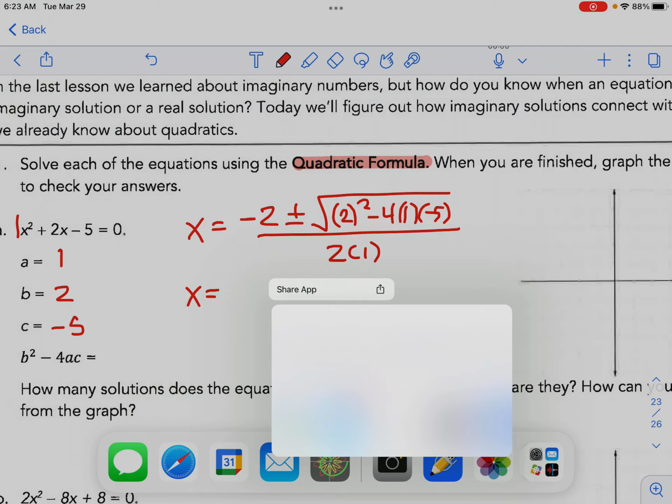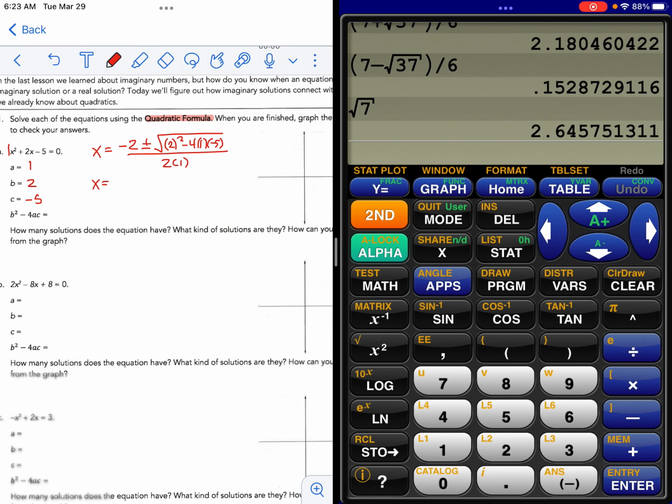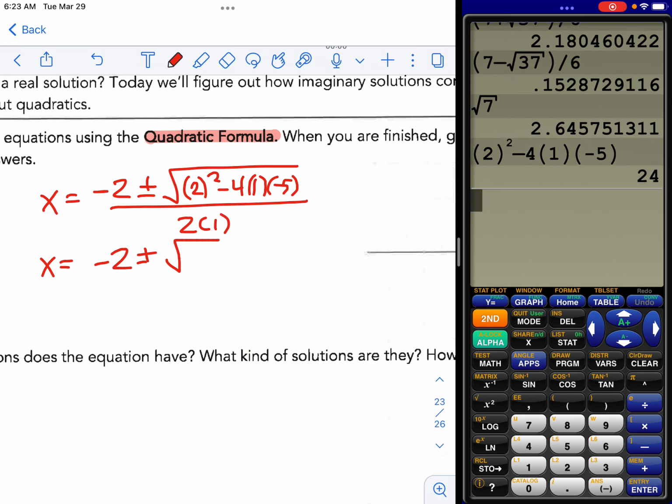Setting that up and then calculating the solution looks like minus 2 plus or minus the square root of 2 squared minus 4 times a times c, negative 5.